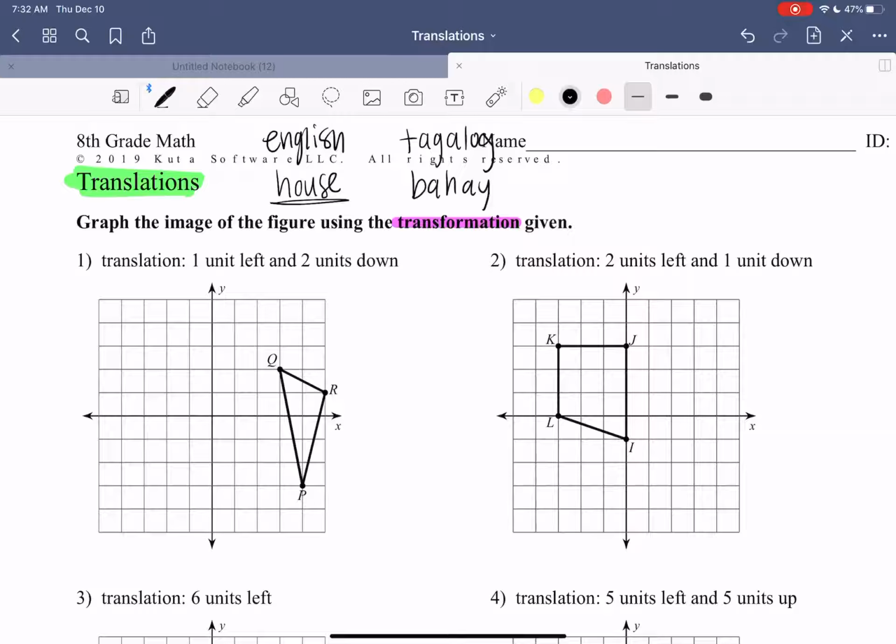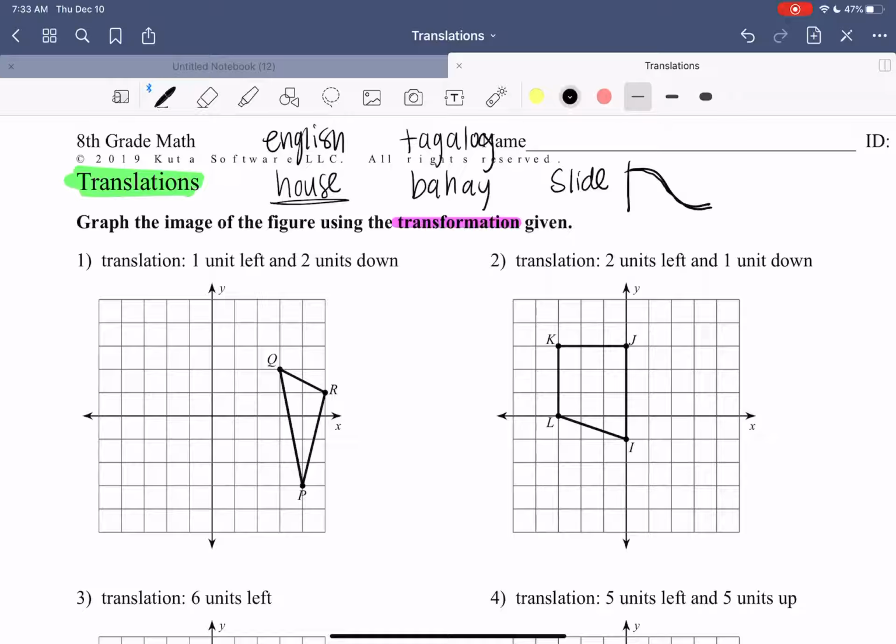So with that being said, we're going to take geometrical figures and we are going to translate them to new locations on what we call a coordinate grid. One other thing that they may call a translation, you might hear the word slide. So when you translate a shape or a thing, you could slide it to a new location. Think about on the playground, right? We have a slide.